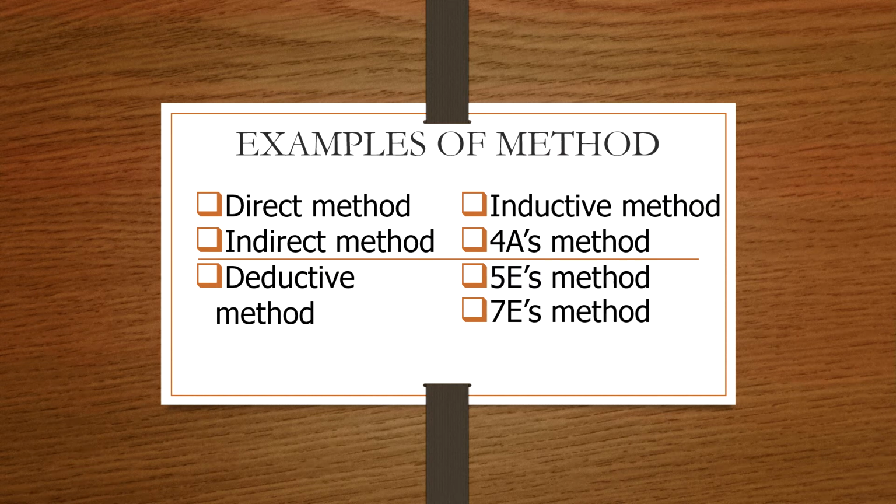You will start with an activity as the first step, that's the first A, followed by the analysis as the second step. Then, you'll have abstraction and application, the last 2 A's, as the next steps. And that's what makes it a method. It follows particular steps or procedures.